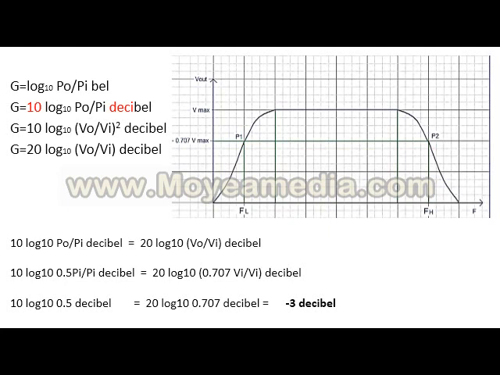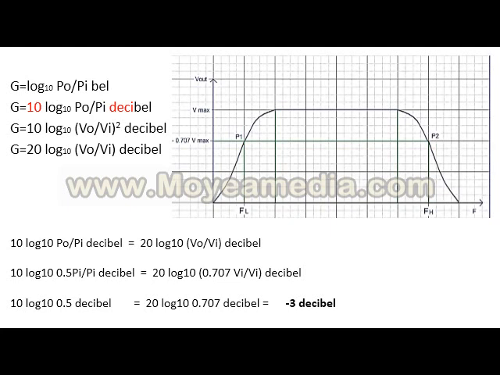So this is the frequency response curve explanation. First you have to draw the frequency response curve using the frequency versus gain table. After that, take 3 dB down from the maximum value. You will get the 3 dB point or half power point.